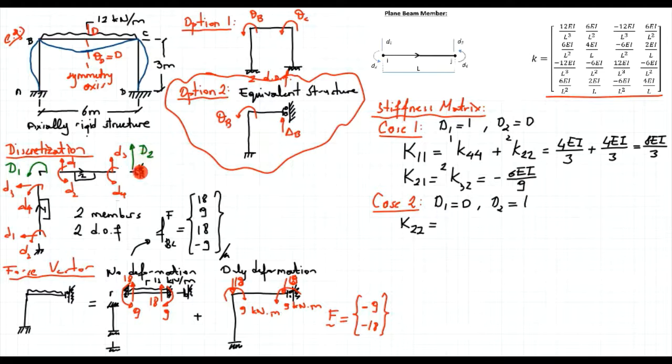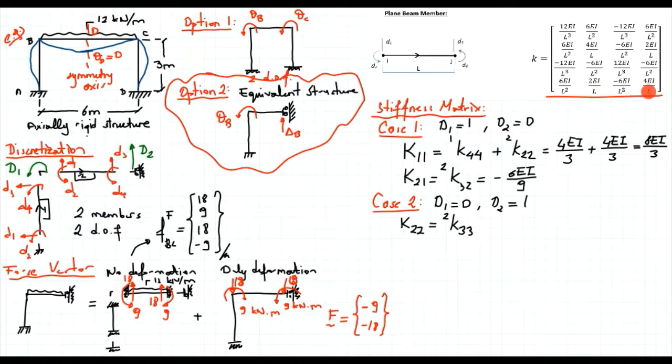The resistance will only come from the second member, and for the second member, I want to create a unit translation in the direction of the third degree of freedom, and the resistance for that is equal to K33 coming from the second member.